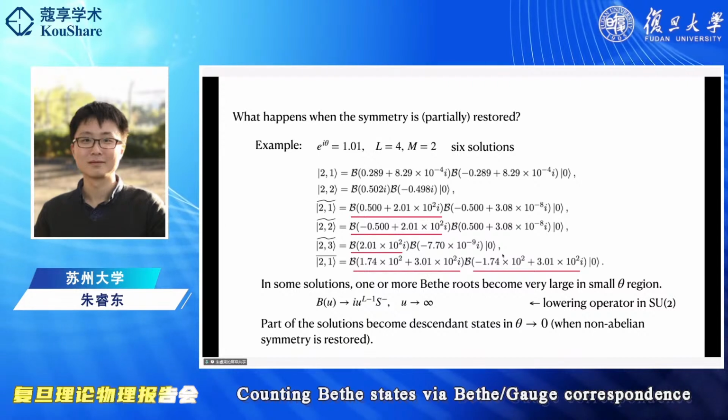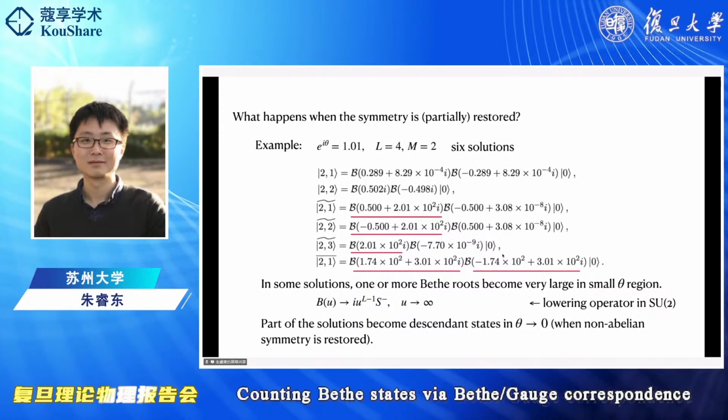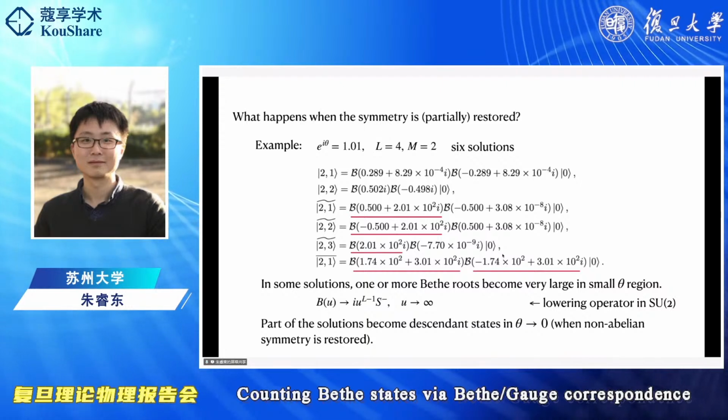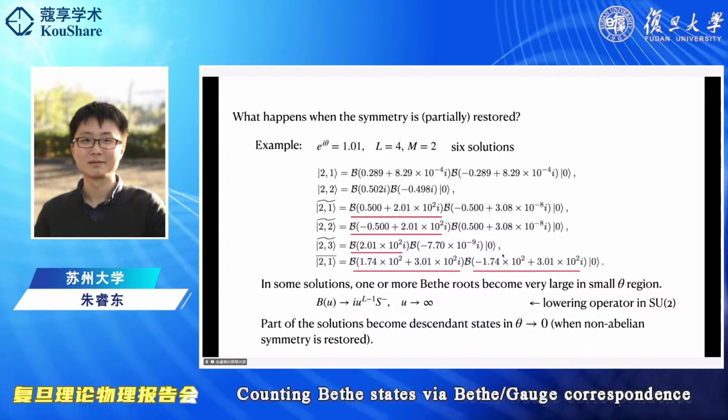If I take the exponential i theta to be 1.001, this will be like 1,000 or so. So if we are really taking the limit that theta goes to 0, some of the Bethe roots actually become very large. It will go to infinity. That's our expectation at the end.